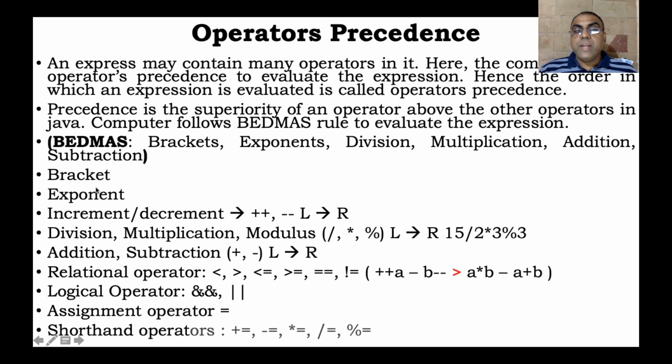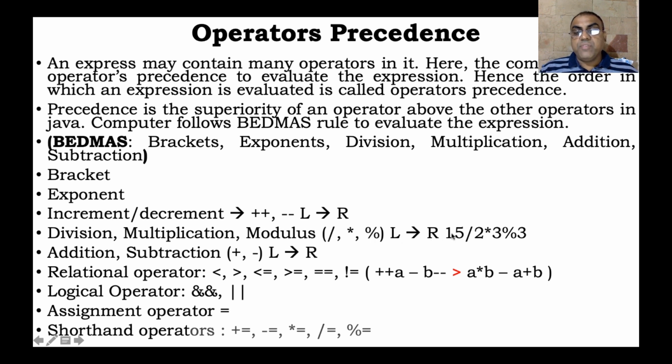After brackets and exponent, the next operators that get executed are increment and decrement, followed by division, multiplication and modulus. So division, modulus, multiplication get executed after that. Here, if all of them are present in the same expression, then they follow left to right.